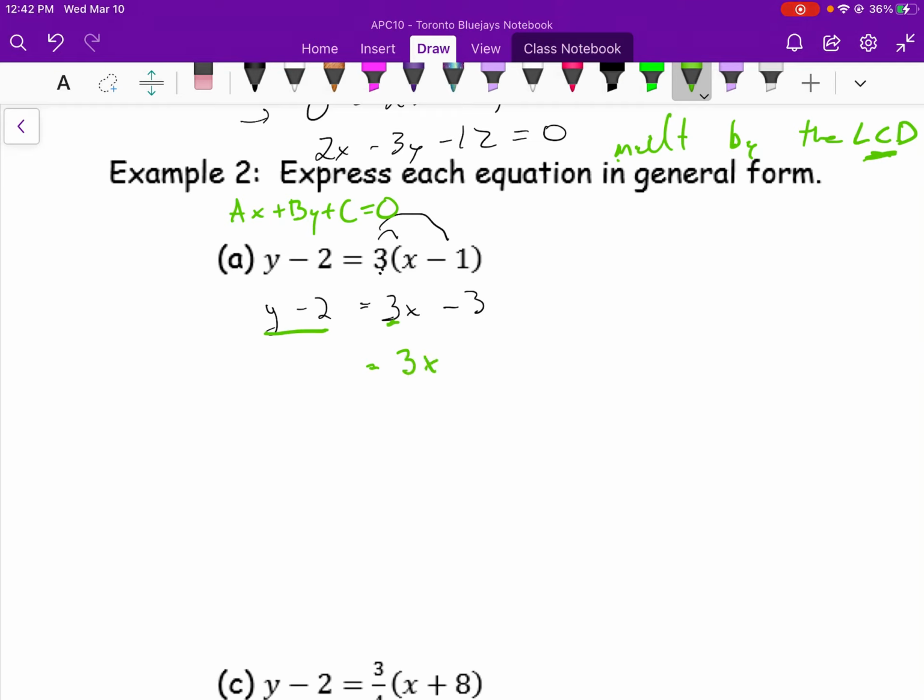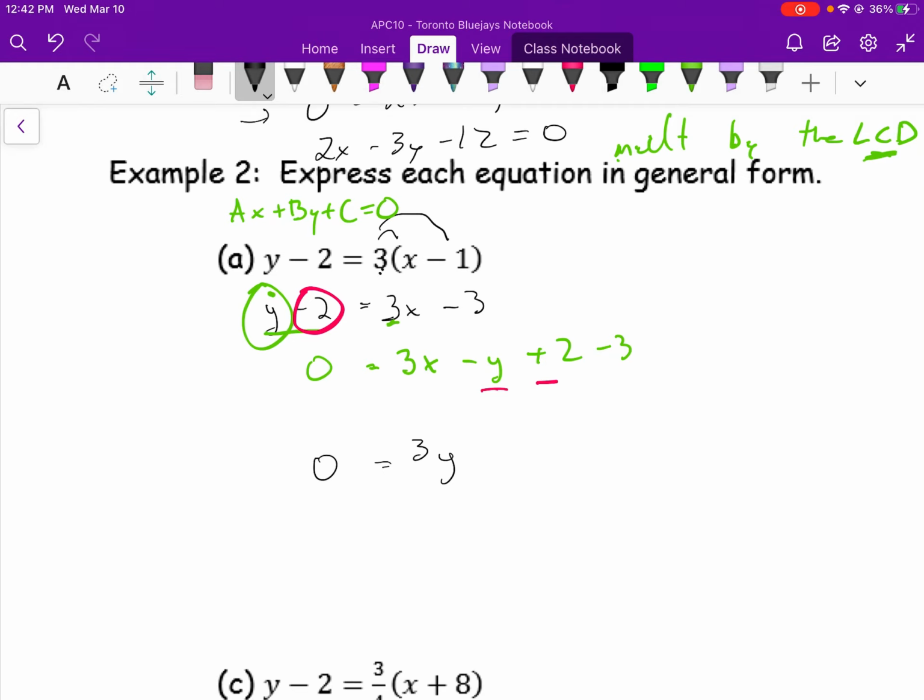I wanted to get rid of y, so I subtracted y from both sides. I wanted to get rid of negative 2, so I added 2 to both sides, and it disappears because they are inverses. Now I have 0 is equal to 3x minus y minus 1.